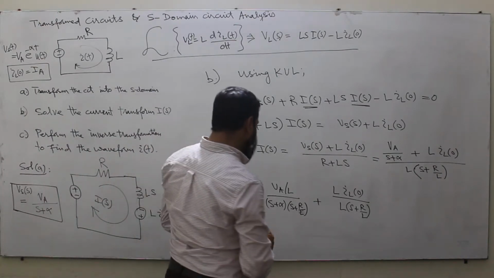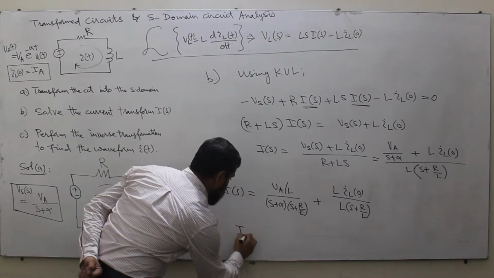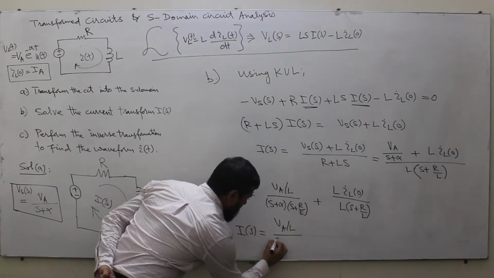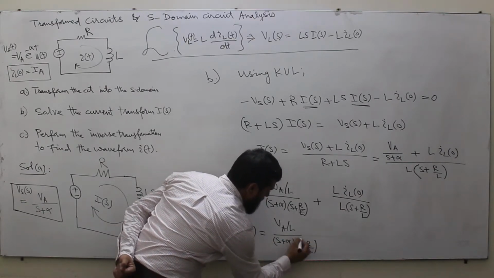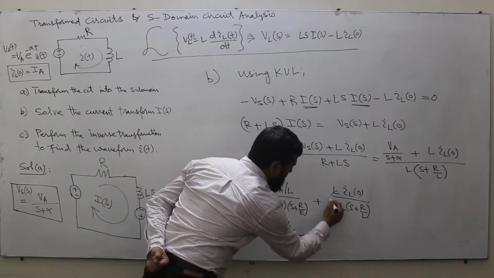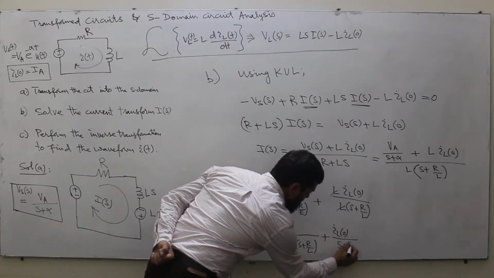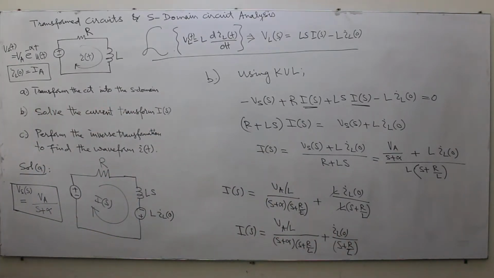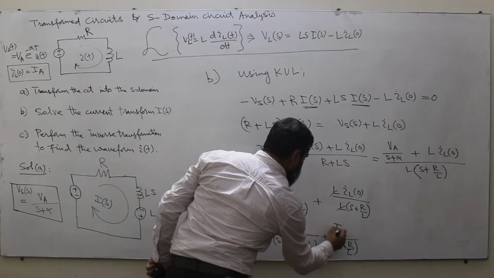So now we have to simplify it further. We got our I of S, which is VA over L divided by S plus alpha into S plus R over L, plus this L and L is cancelled out, so IL of 0 divided by S plus R over L. Actually, we have been given the value for IL of 0, which is IA, so we can simply replace this value here as well, which is IA.